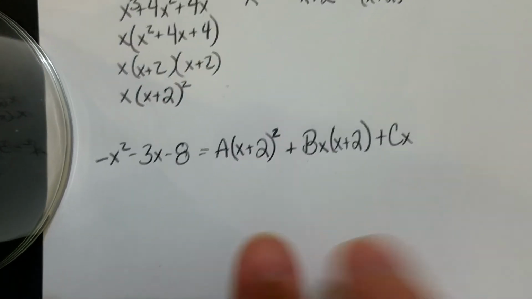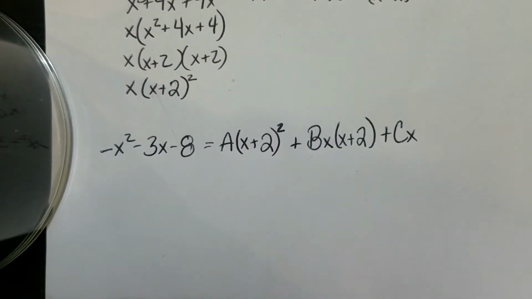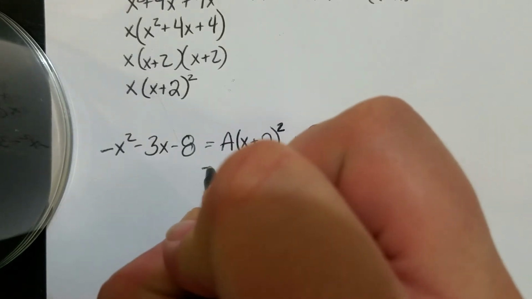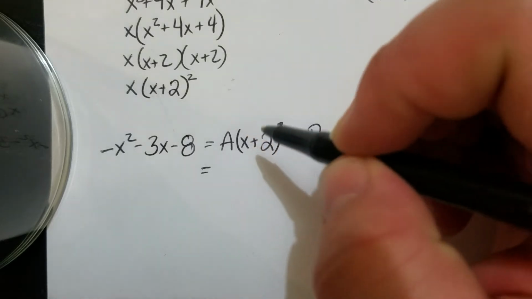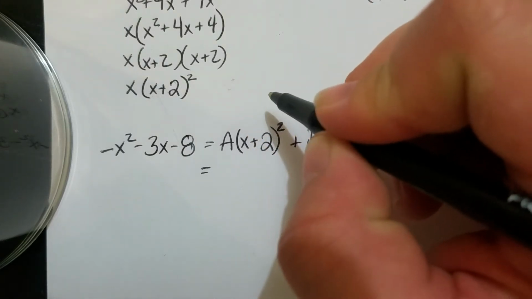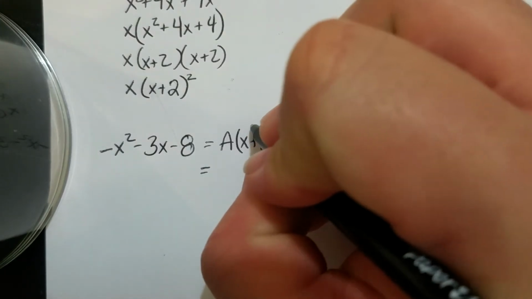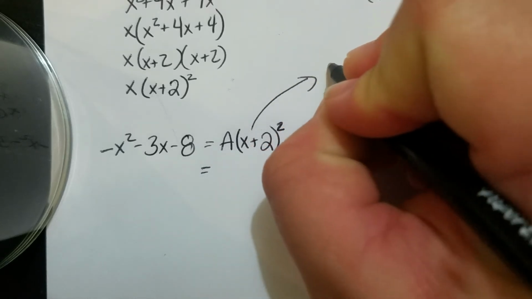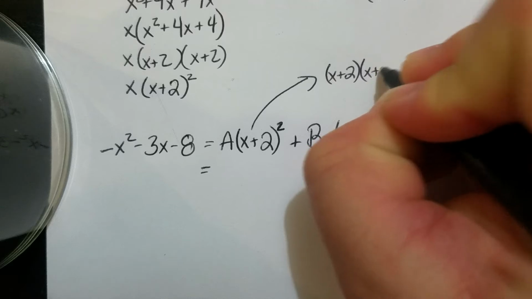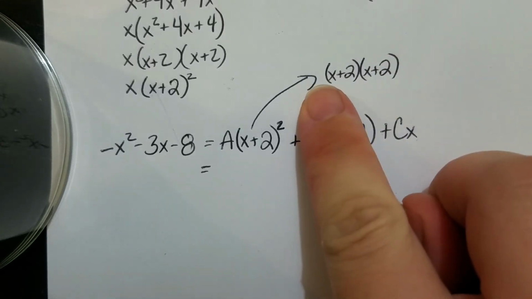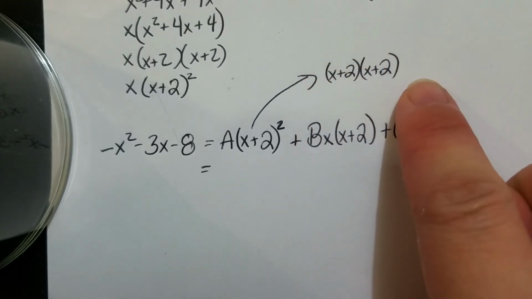From there, we know that I need to expand this side. So x plus 2 squared, please just be careful. I'm worried that students will write x squared plus 4 squared, but remember this is the same as x plus 2 times x plus 2. And you can go ahead and expand.